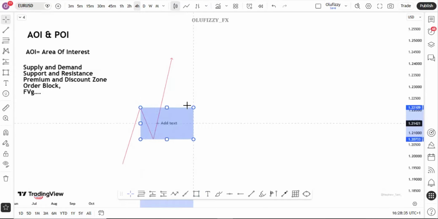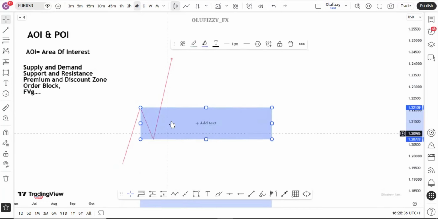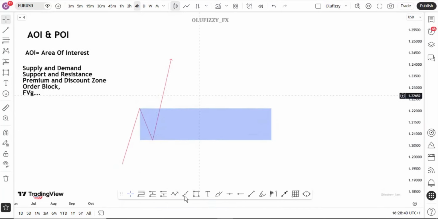This entire zone is going to be your area of interest, and you are going to be expecting price to react in this particular zone. So you are not just looking at a level, but this entire zone as your area of interest. It is a big zone that you are looking at. Anytime price goes to that particular region, you are looking for price reaction.